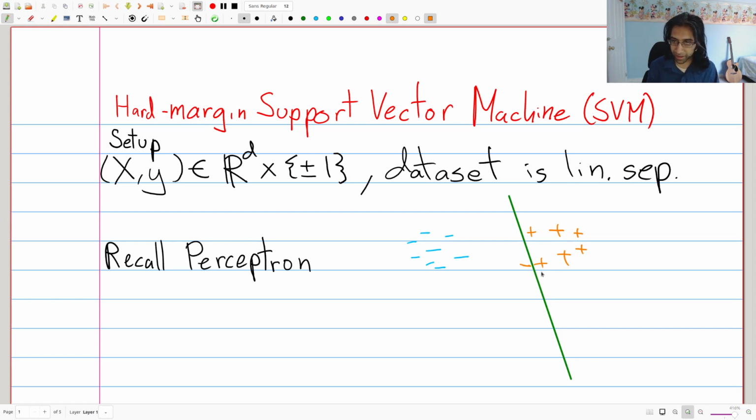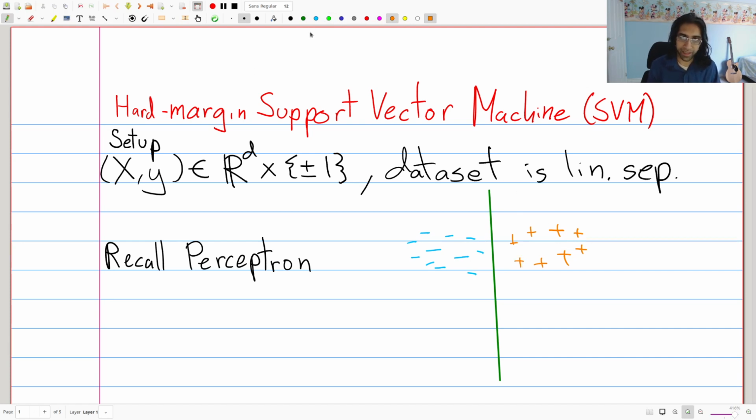So to try to adjust for issues like this, in a formal sense that we're going to try to formalize today, the kind of best solution is going to be something like this, something which is the furthest away from both of the classes, in order to, one interpretation is, minimize the chance that if you saw more data that it would cross over the line. Maybe we get something like this.